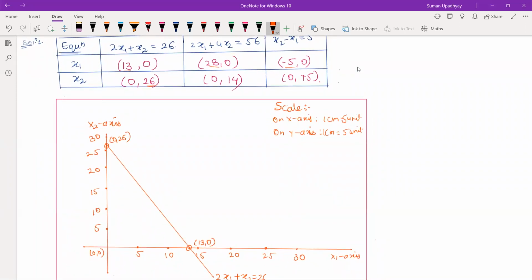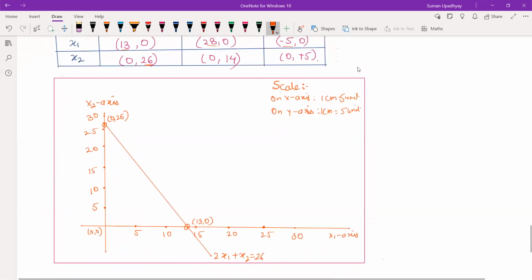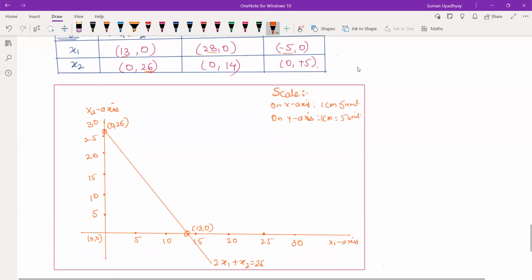28,0 and 0,14. Where are you going to plot 28,0? On the x-axis, after 25, so 28 will be closer to 30. So this is 28,0.